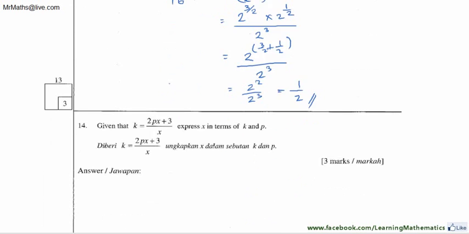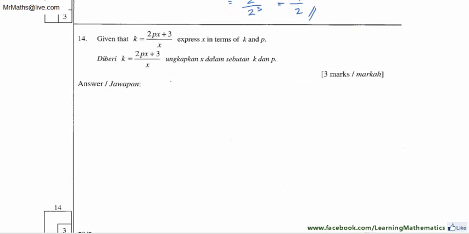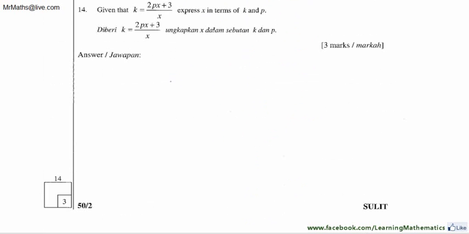Let's do question number 14. Given that k is 2px plus 3 over x, express x in terms of k and p. K is 2px plus 3 over x. So we need to express x in terms of k and p.